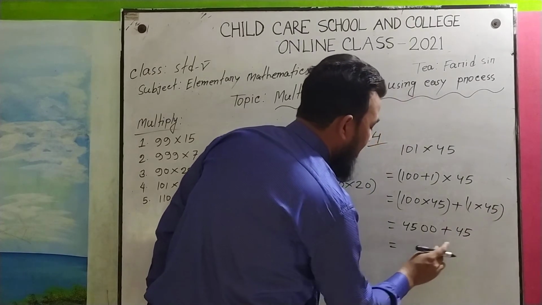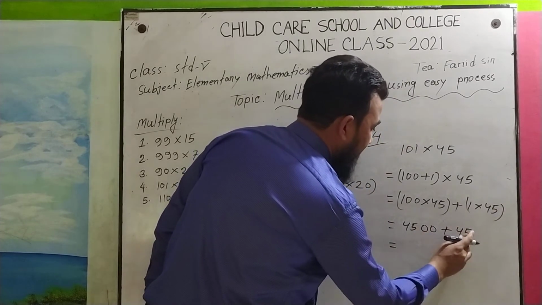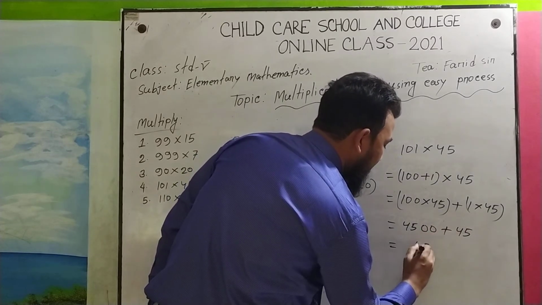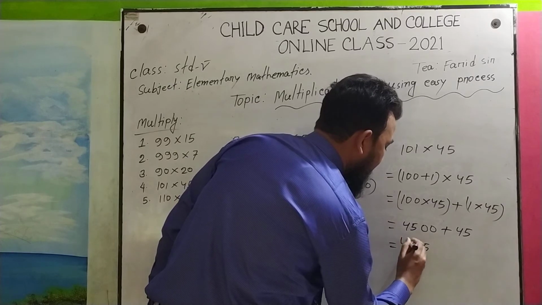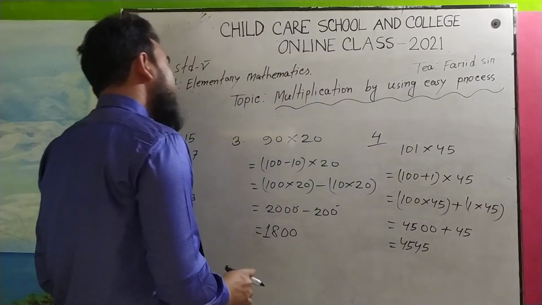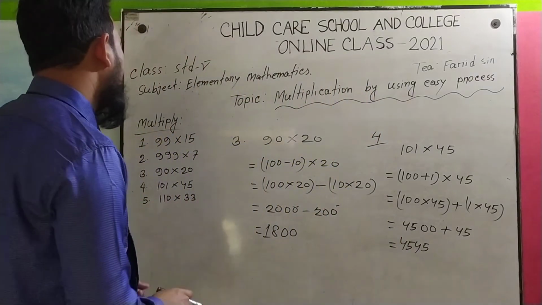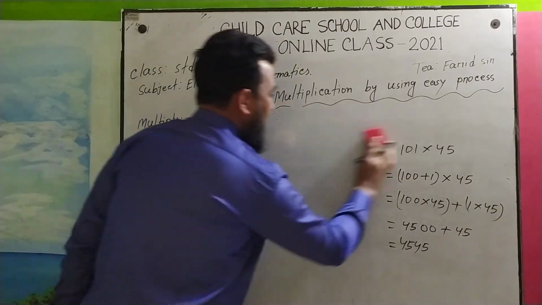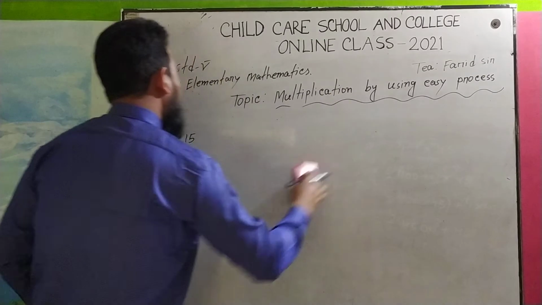Okay, now what will be if you add this? 5 plus 0, 5, 4 plus 0, 4, now 45. So this is 4545. Okay, now another one, we can practice this.